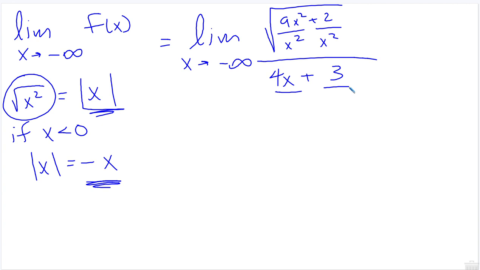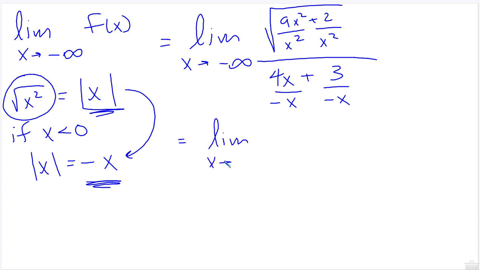I divided it by the square root of x squared, which is absolute value of x, which in this case is negative x. So I have to divide these by negative x, or the opposite of x. It seems a little strange, perhaps, but based on the constraint of our problem, the square root of x squared means two very different things, depending on if we're going towards infinity or negative infinity. So now our process should look the same.